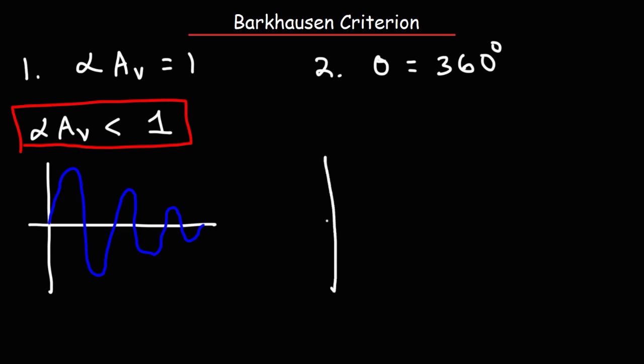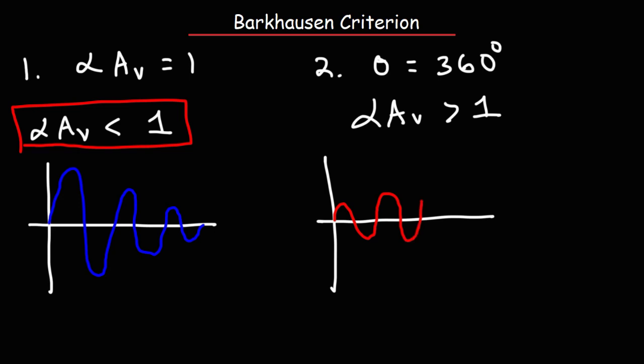Now, what happens if the loop gain is greater than 1? The oscillations will occur initially, but they will get larger and larger. Eventually they will reach a ceiling where clipping will occur, because there's only so much that the DC power supply can support.